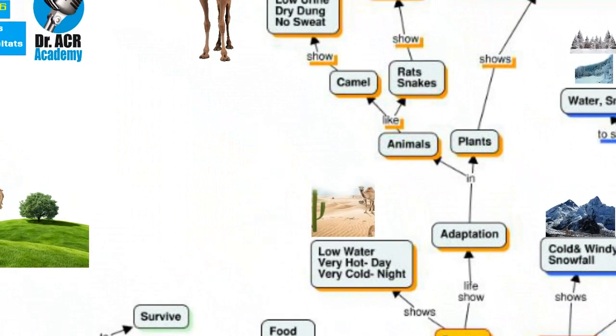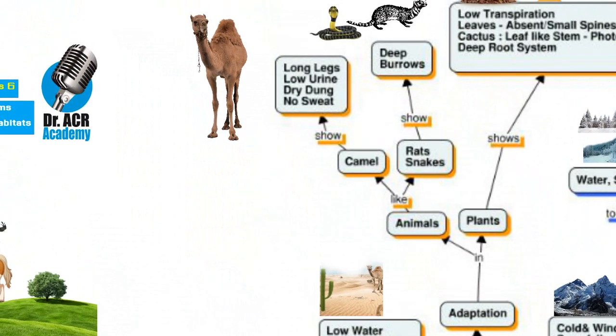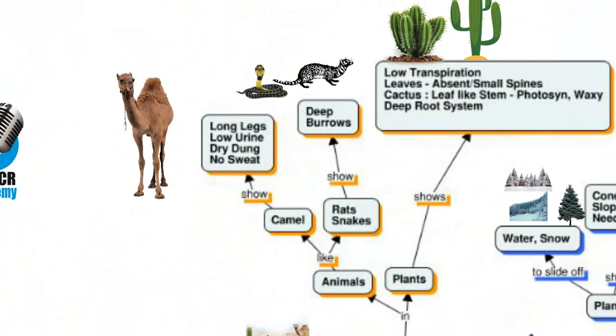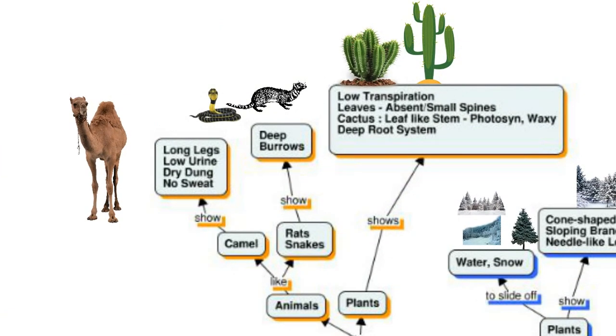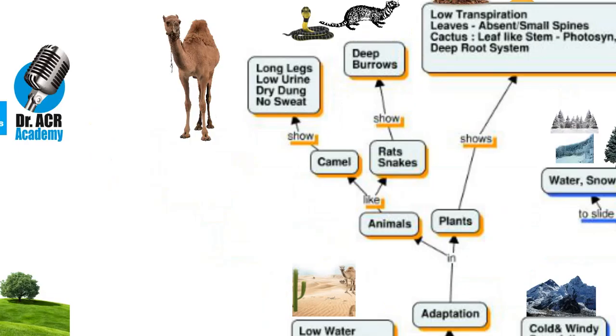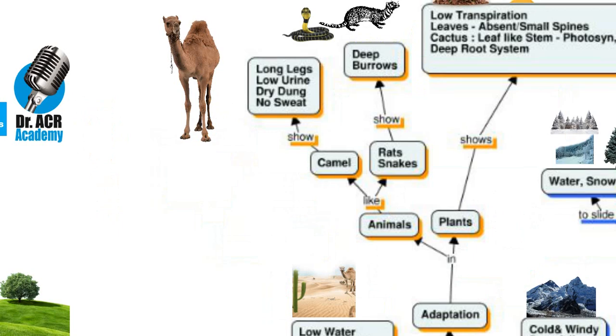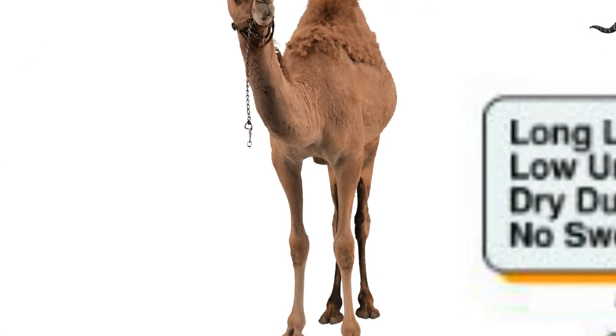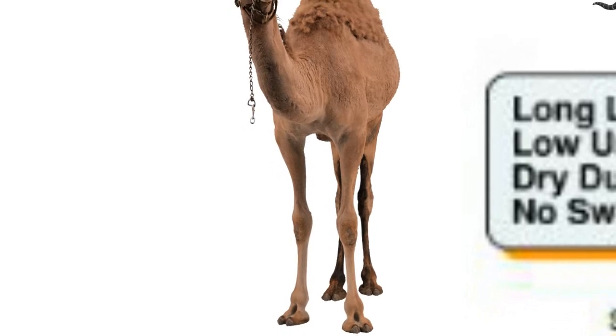Desert life shows adaptation in both plants and animals. First we'll talk about animals, like camels and rats and snakes. First we'll talk about the camels. Camels have long legs to keep away from the hot sand.